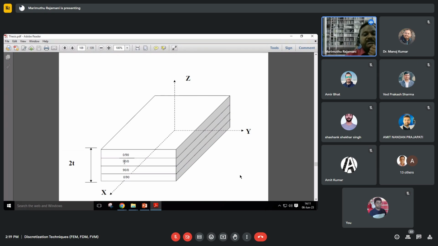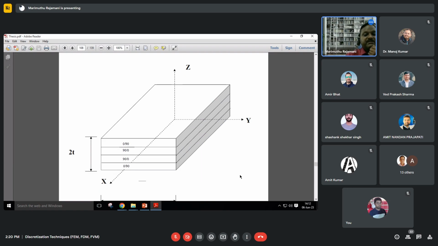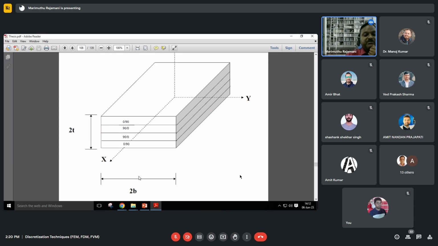So here, 0, 90, 90, 0, 90, 0, 0, 90. It is a symmetric laminate and uniform strain is being applied in the epsilon x direction. And we wanted to see how this method works.